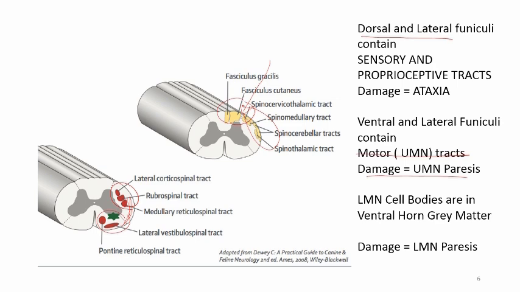But if we're damaged down here, we're going to have paresis as well. And the cell bodies of the lower motor neuron are in the ventral horn gray matter. So this is right by this little green thing. That's an example of ventral horn gray matter. And if that area is damaged, then we're going to have lower motor neuron paresis. So hopefully that is clear.